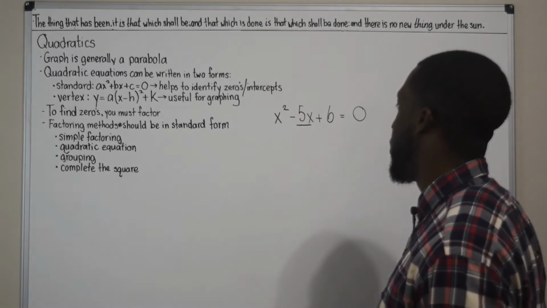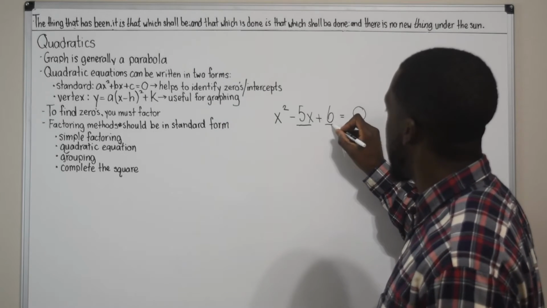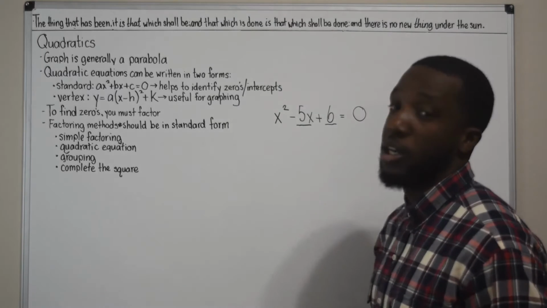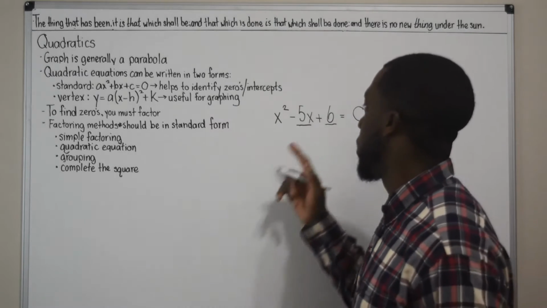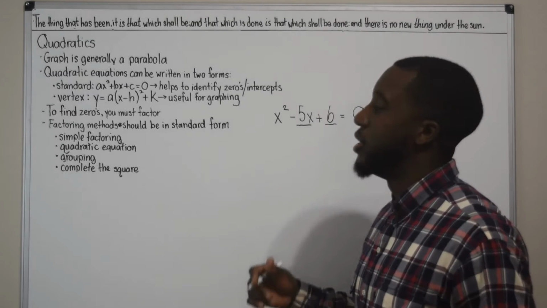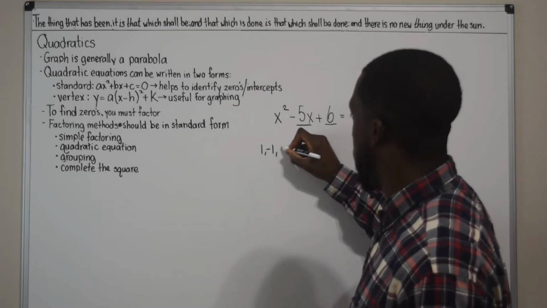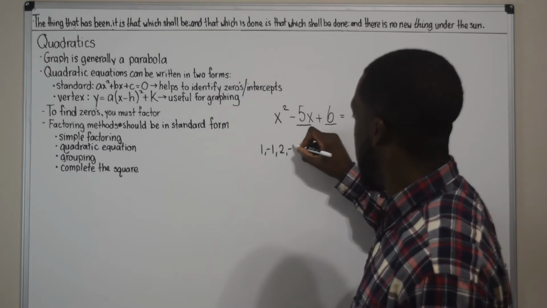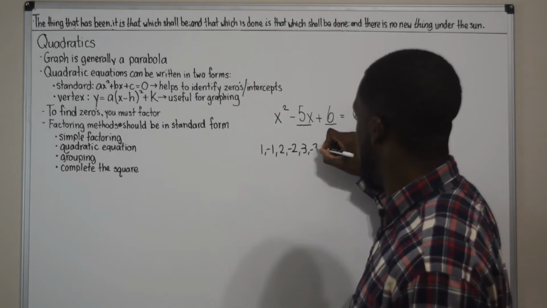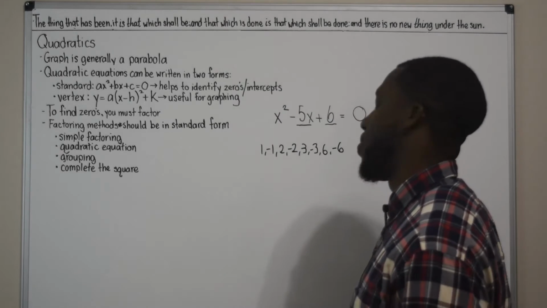B is -5. So you ask yourself, which two factors of c can you add together to get b? Well, what are the factors of 6? We have 1, -1, 2, -2, 3, -3, 6, -6.